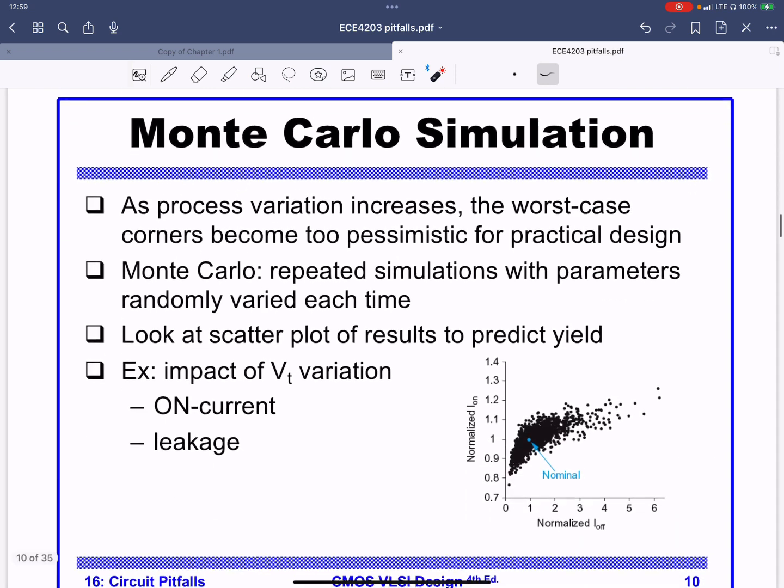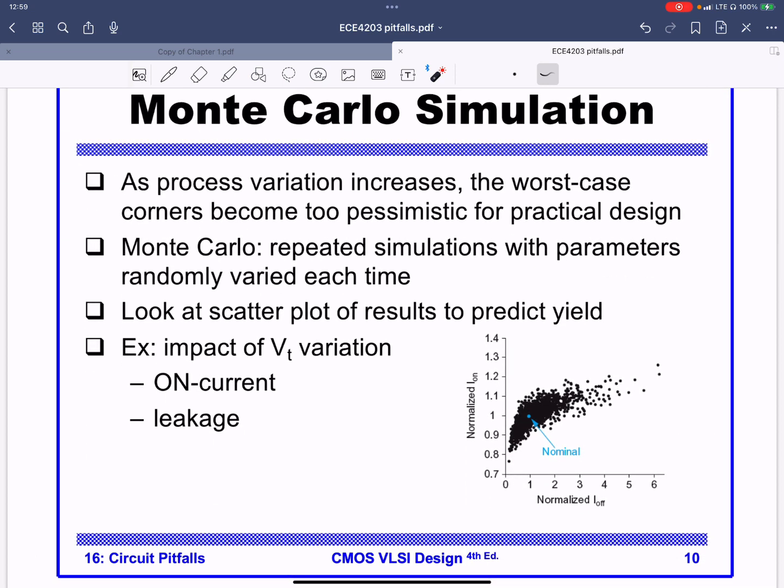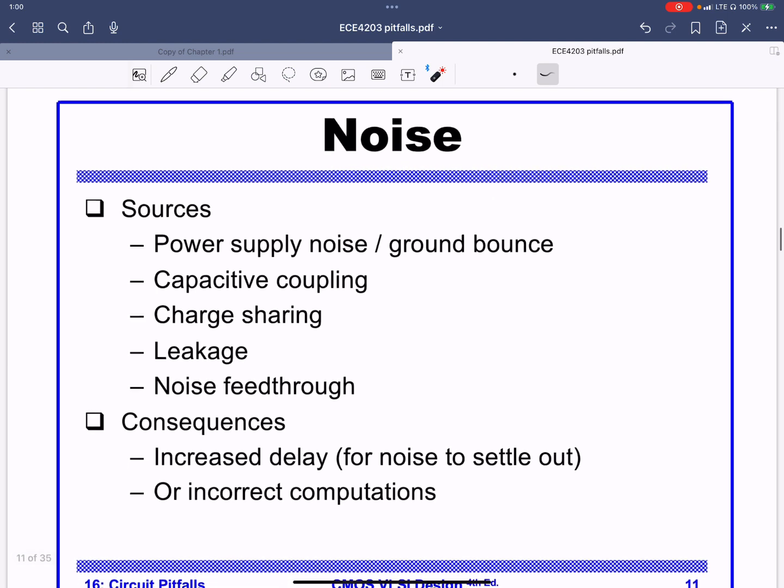But because of the random variations in manufacturing, it's also possible that in the same circuit, some of the NMOSFETs are going to be running slower than other NMOSFETs or PMOSFETs, etc. So what the Monte Carlo simulation does is it looks at this possible variation across the device, so you can basically see what happens when things randomly vary, as opposed to all the devices running in the same direction. Okay, so those are the variations.